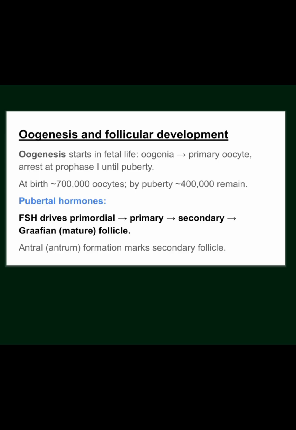At birth, there are about 700,000 oocytes, and by puberty, only 400,000 remain. The pubertal hormone FSH drives the primordial follicles to develop into primary follicles, then secondary, and finally a mature Graafian follicle.